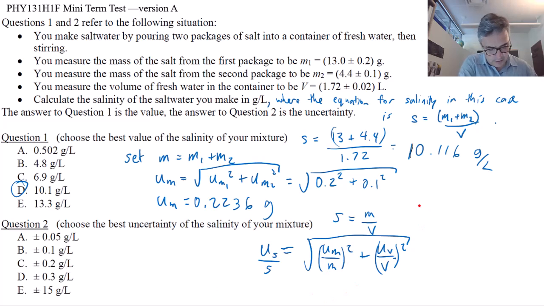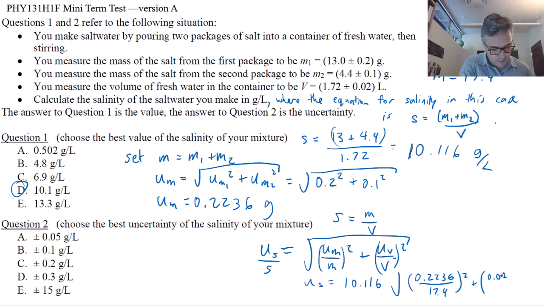So I would say the uncertainty in the salinity is equal to the salinity, which we already calculated, it was 10.116, times the square root of 0.2236 divided by that total mass, which actually I never calculated. Mass total is equal to 13 plus 4.4, so it's actually equal to 17.4. 17.4 squared plus uncertainty in the volume, which is 0.02 divided by the volume, 1.72 squared.